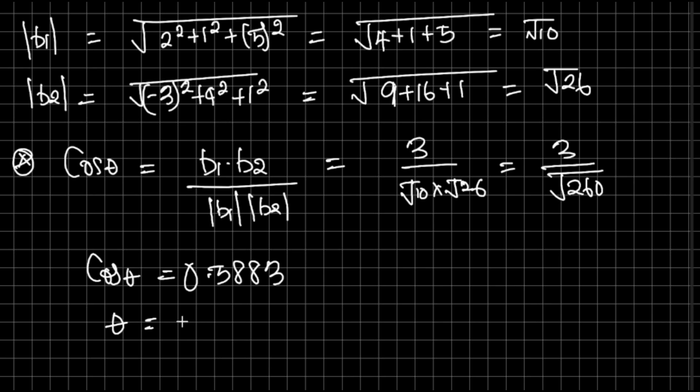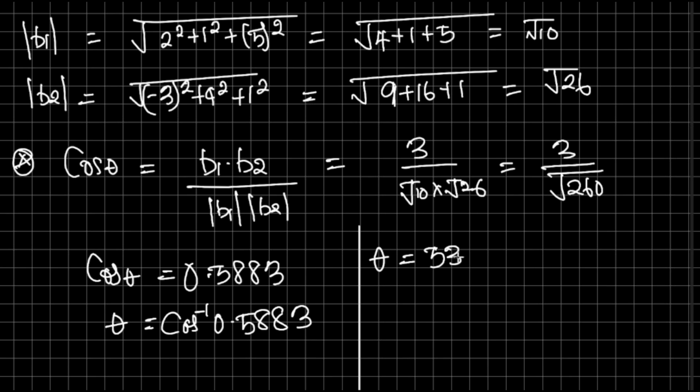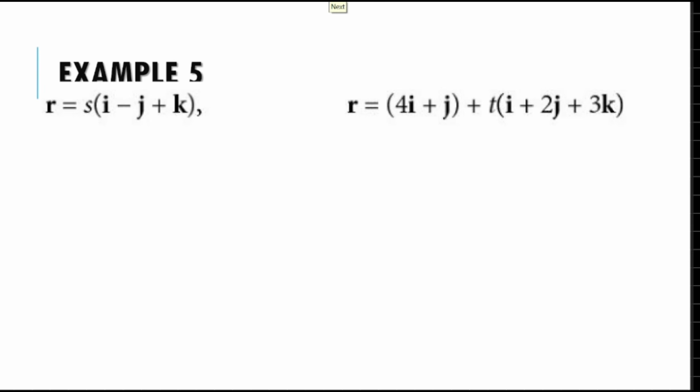So theta equals cos inverse of 0.5883, which equals 53.96. Therefore theta equals 53.96 degrees, so theta is approximately 54 degrees. This is how you find the angle between two lines. You use their direction, not the position.